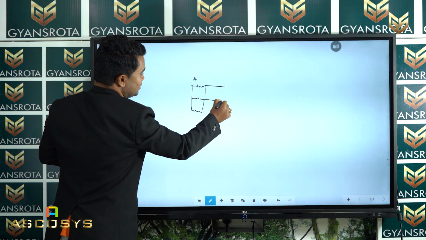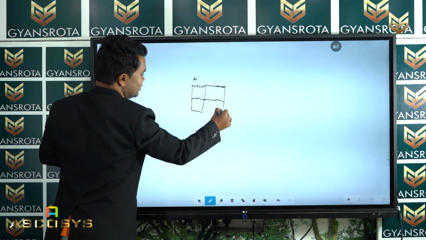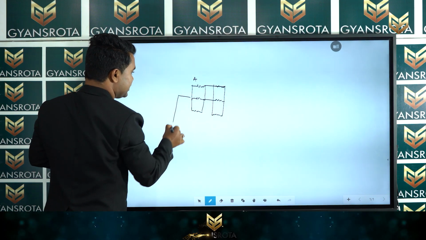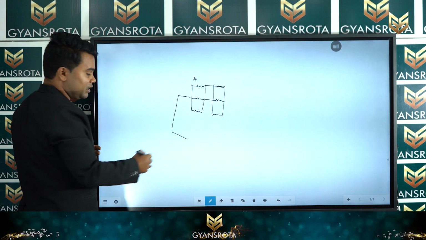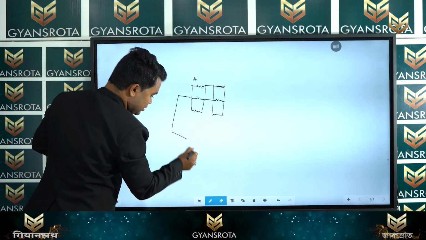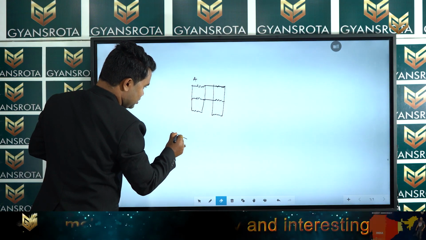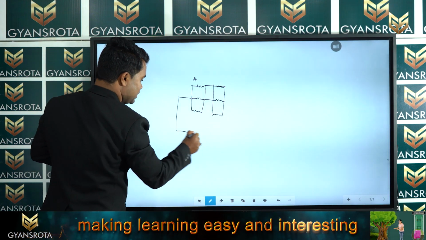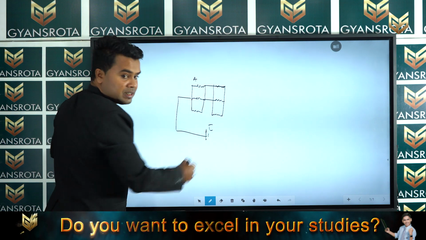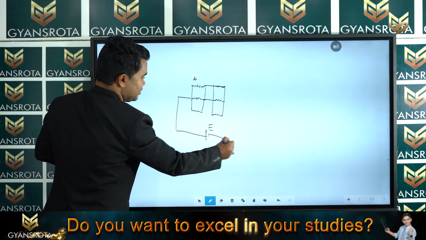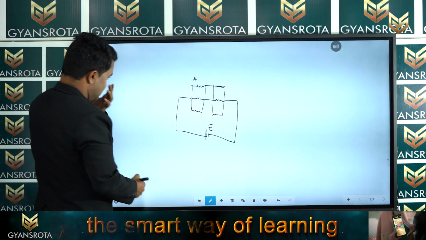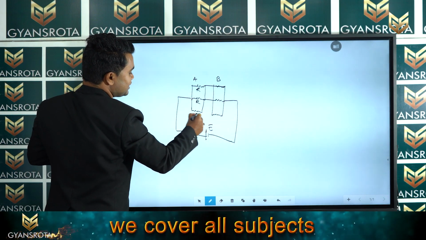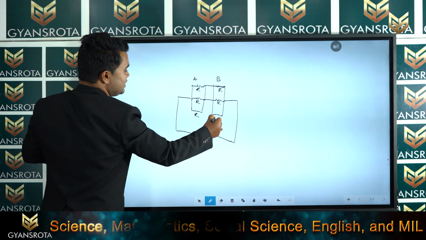If I draw it, this is section B. Now they were connected to some EMF as shown on the screen, EMF E. This is section A and this is section B, each of resistance R, each of resistance R, right?